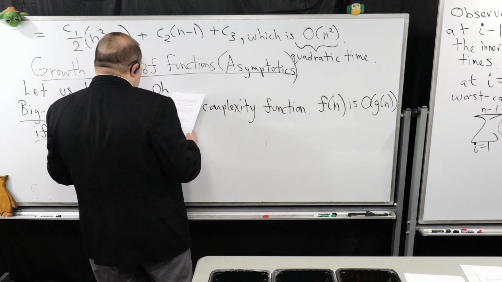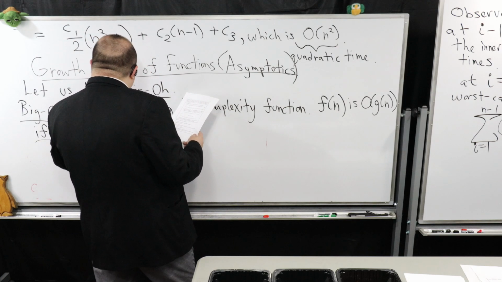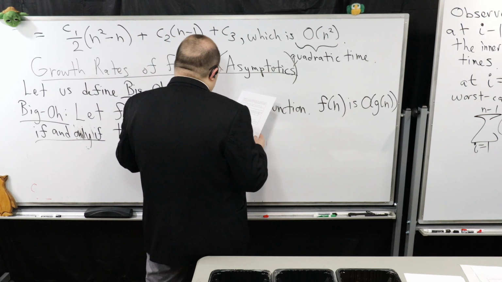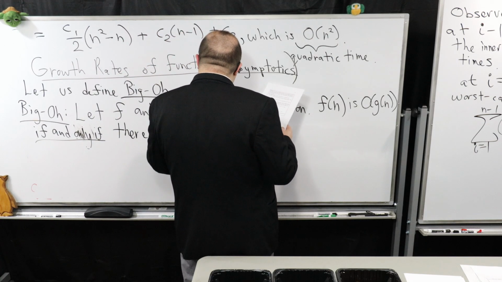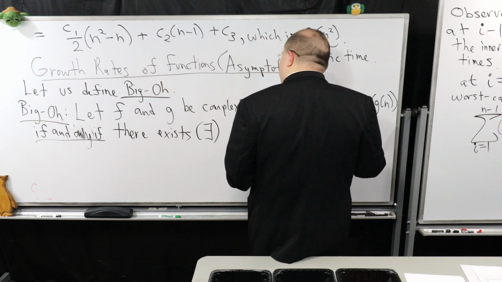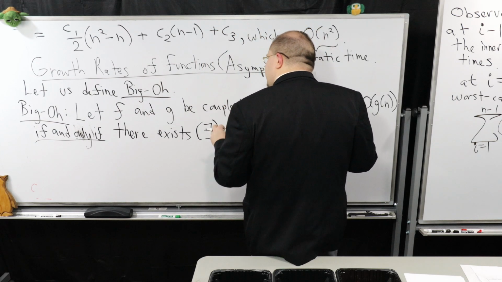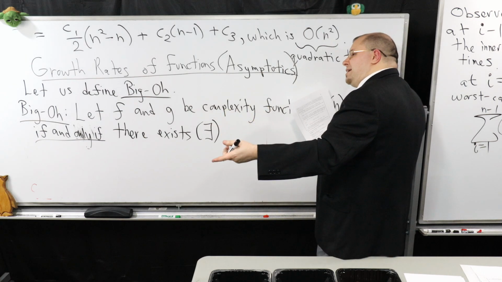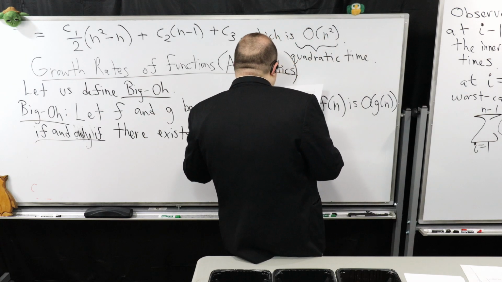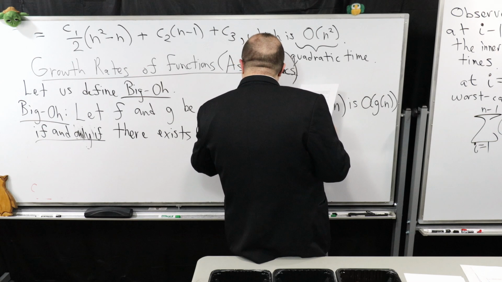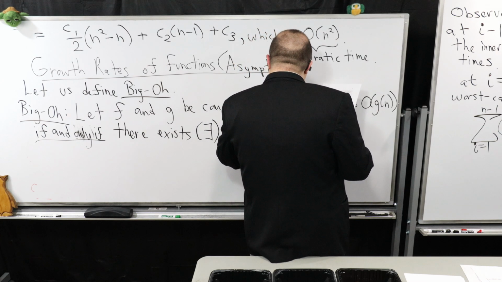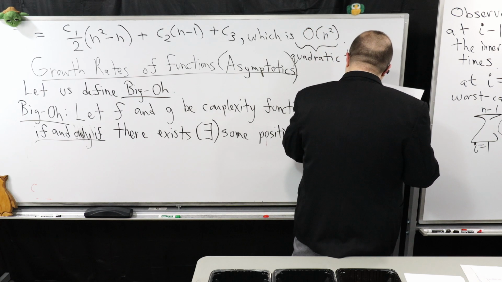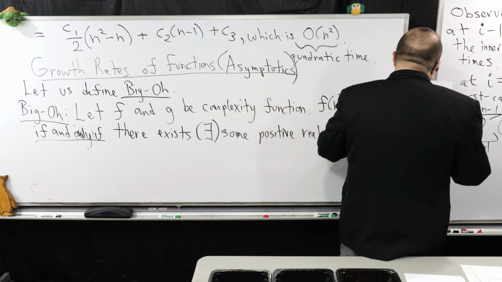So, if and only if there exists. Sometimes people like to abbreviate "there exists" with a backwards capital E. If you ever see a backwards capital E, that's an abbreviation from logic that says there exists. There exists some positive real constant c.